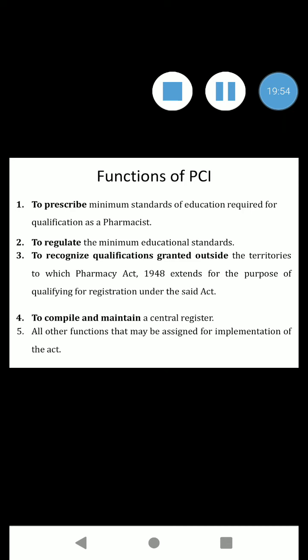The PCI also fixes the allowance and remuneration paid to the members of the PCI, and the PCI has the power to appoint a person to act as secretary or treasurer. Okay, thank you.